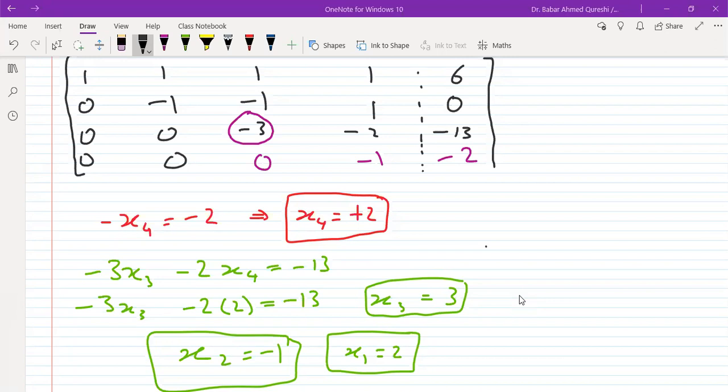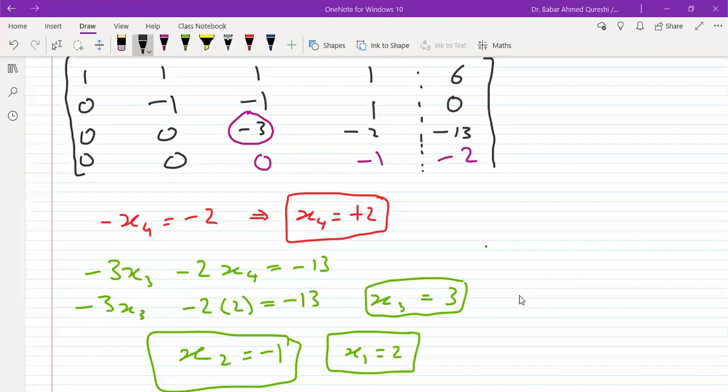In any case, the theorem says that if you can bring the n by n coefficient matrix to strictly triangular form using these elementary row operations, then you will have a unique solution. Not only will you have a solution, but it will be unique, because in a strictly triangular form the last equation tells you only one number for the last variable, like in this case, x4 is equal to 2.